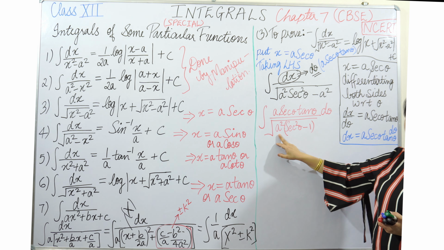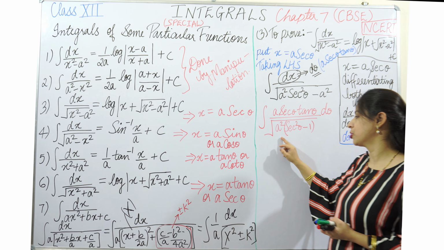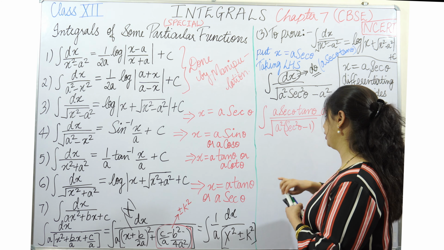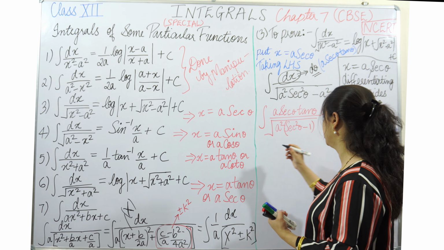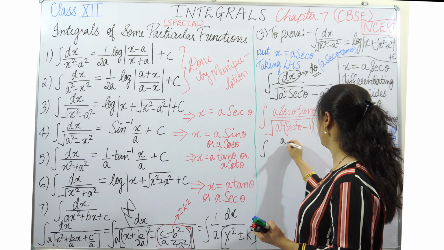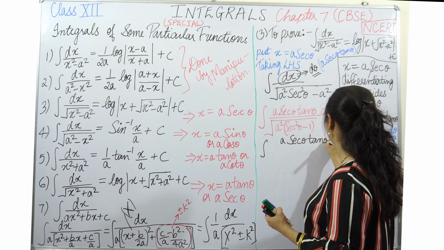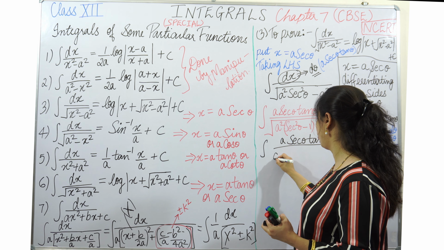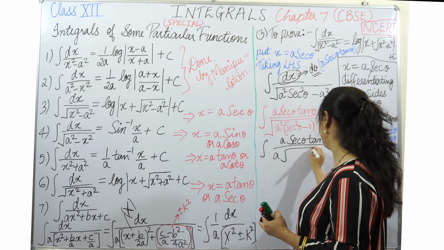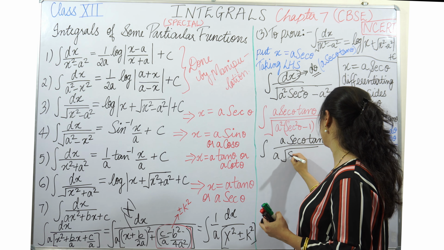So a square is in the square root, so it can come out from here. So it will become a sec theta tan theta upon a under root sec square theta minus 1.